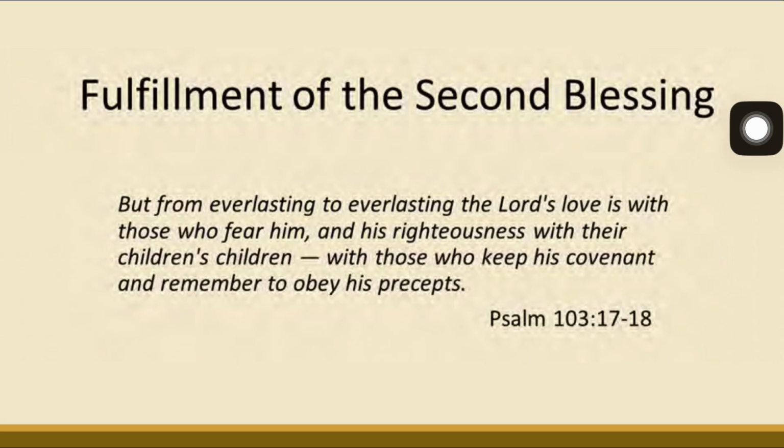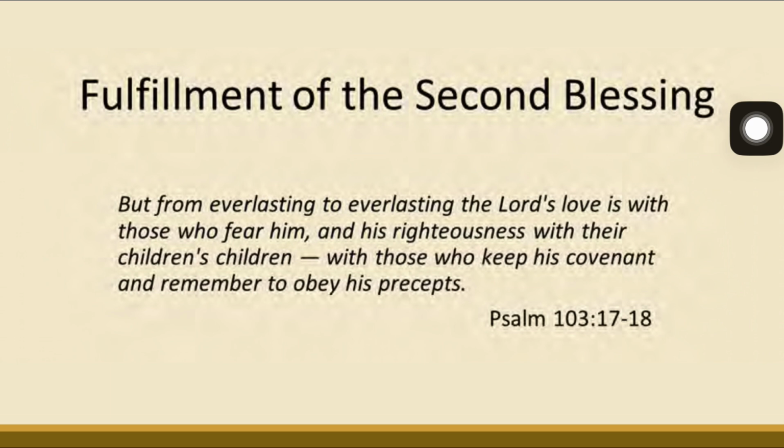The fulfillment of the second blessing is to perpetuate this love of God to the next generation, to perpetuate His righteousness to their children, for those who keep the covenant and remember to obey His precepts.